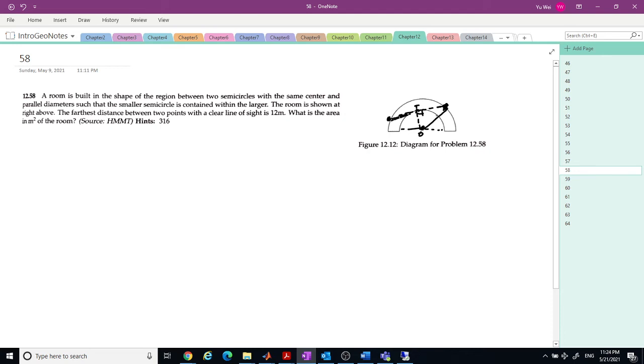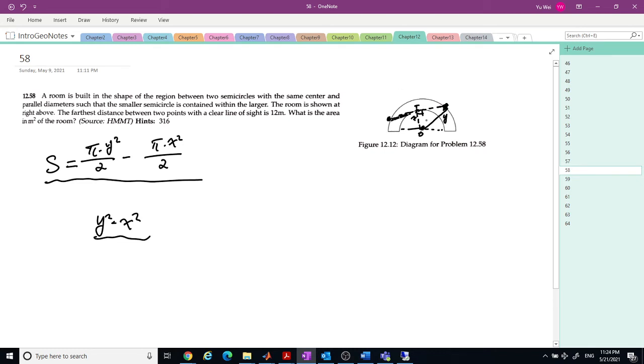So the large radius is y, the small radius is x, right? So the region of the two semicircles, the difference, is pi times y square over 2 minus pi times x square over 2, right? So this is the region we want to calculate. Okay, so the goal is to find y square minus x square.